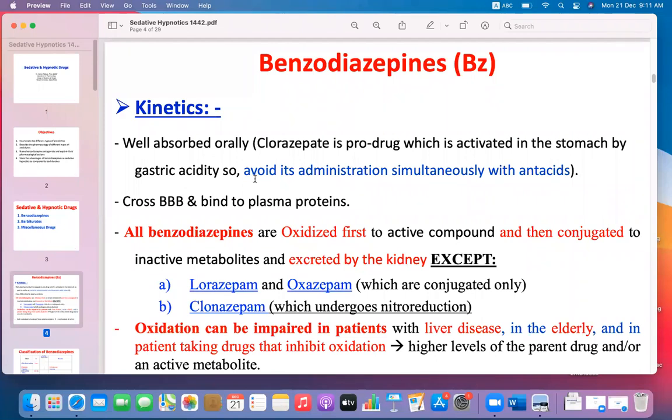If you prescribe clorazepate with an antacid, it will not give the optimum pharmacological effect, because clorazepate needs an acidic environment to be activated and antacid increases the pH.